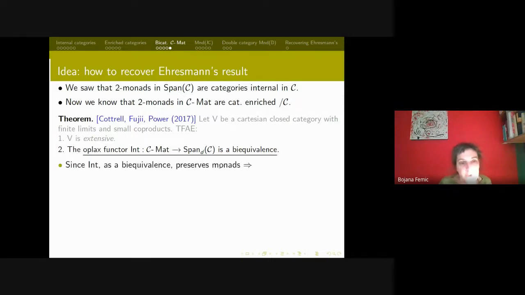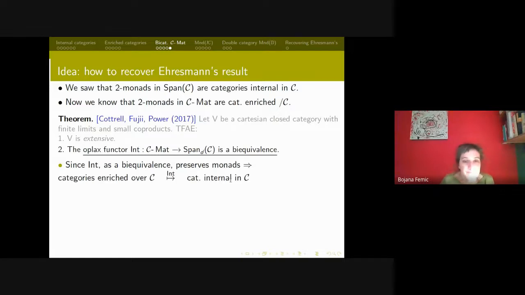So now look at the following argument. Since this Int, this two-categorical functor, as a biequivalence preserves monads, I mean, every equivalence will preserve monads, so a biequivalence will preserve two monads, two-categorical monads.